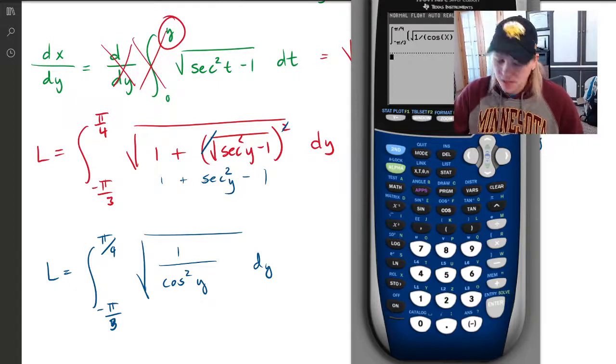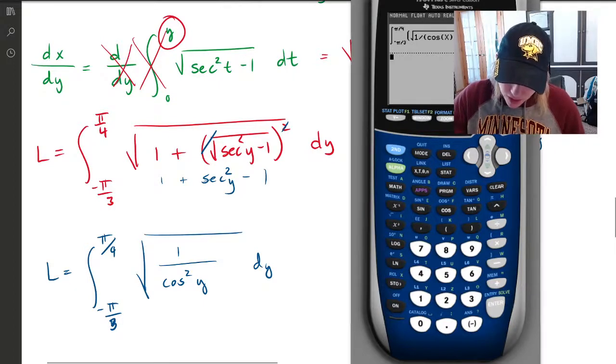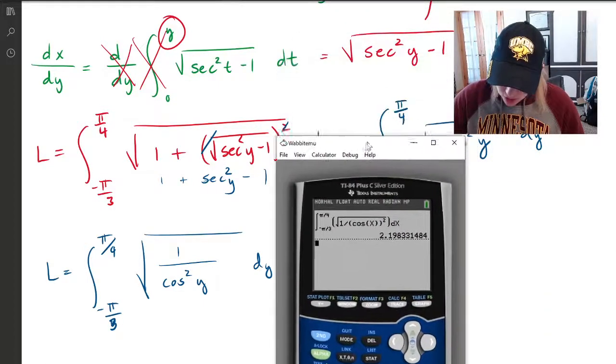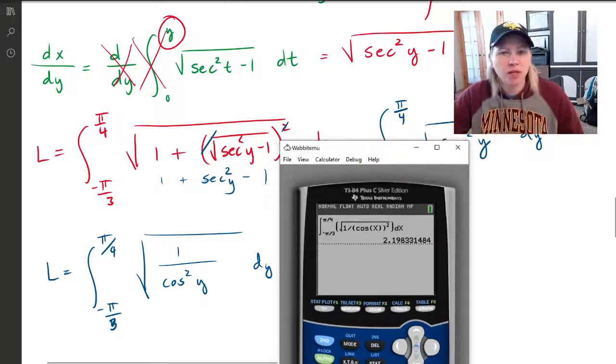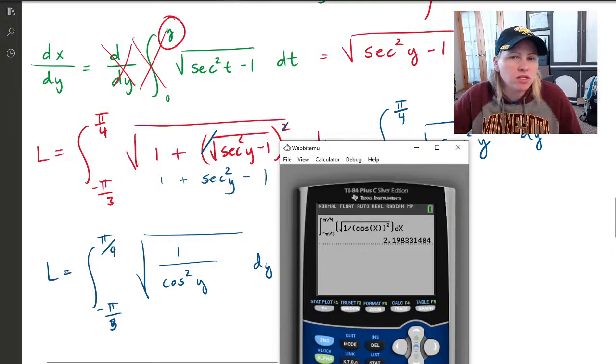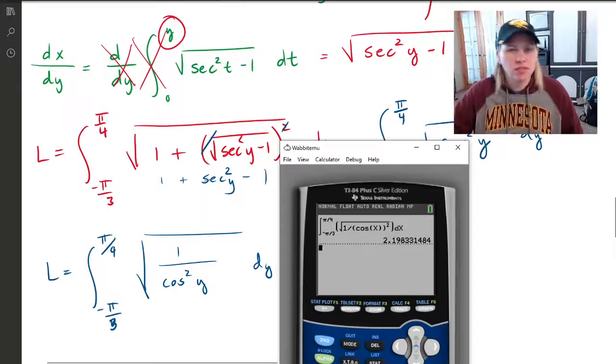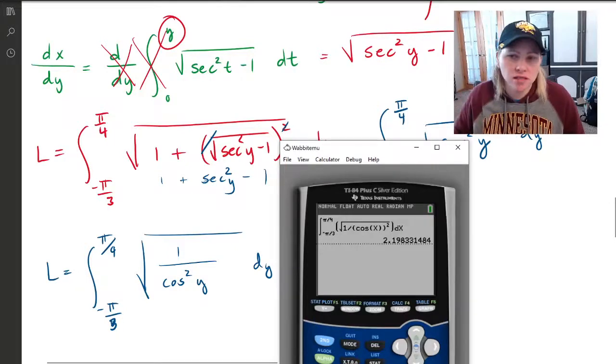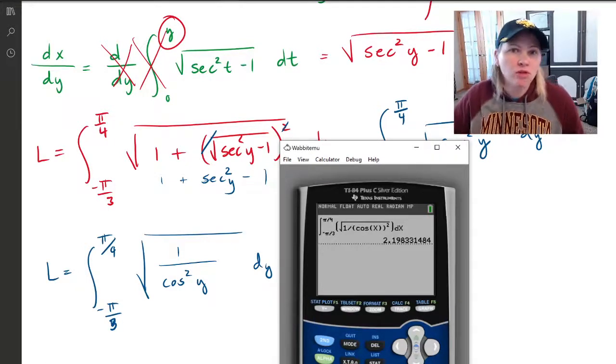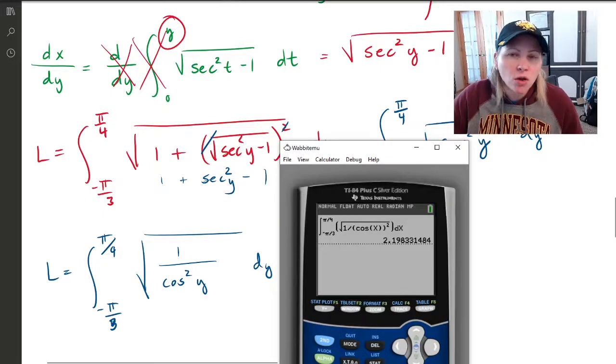So here's what it looks like in my calculator. When I plug it in, I'm going to use that x variable, and I get my answer here. Now, I could have square rooted the secant, thinking about 1 over cosine. Negative pi over 3 to pi over 4 is on the right side of the unit circle, where the cosine stays positive, so square rooting it would have been just fine in this case. But when in doubt, stop here and plug it in, or compare the two results.